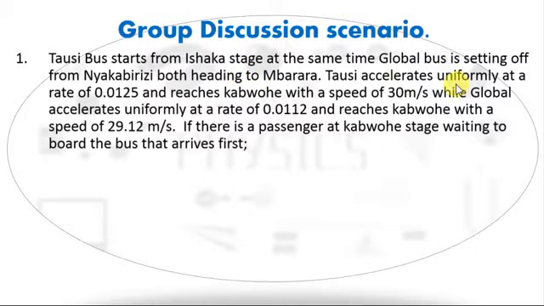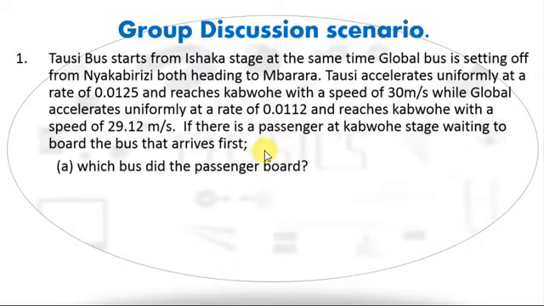Tausi accelerates uniformly at a rate of 0.0125 and reaches Kabohe with a speed of 30 meters per second, while Global accelerates uniformly at a rate of 0.0112 and reaches Kabohe with a speed of 29.12 meters per second. If there is a passenger at Kabohe stage waiting to board the bus that arrives first, which bus did the passenger board?